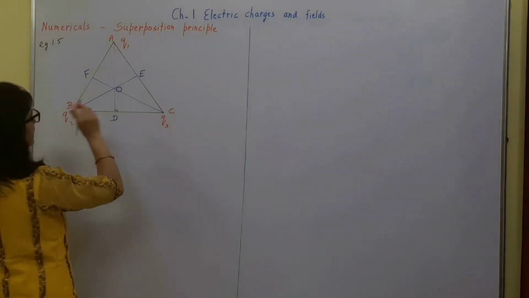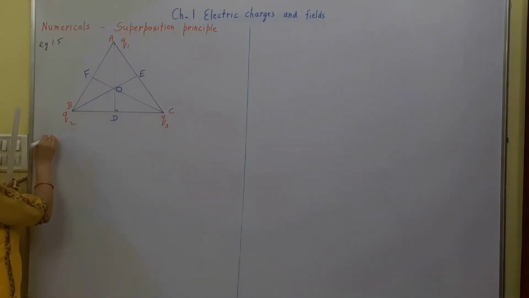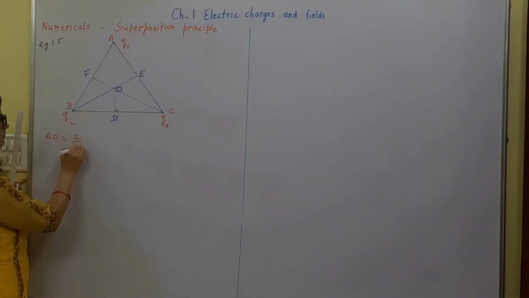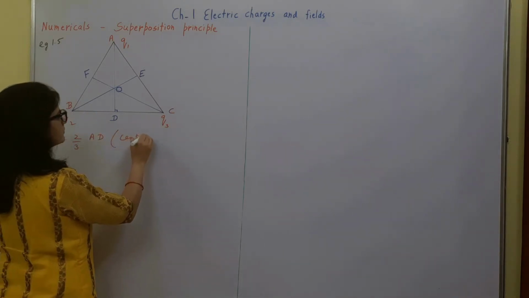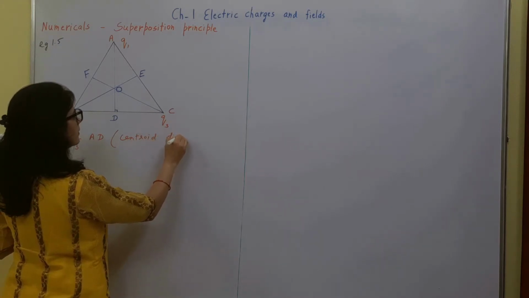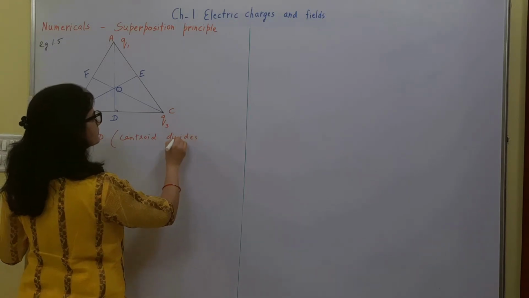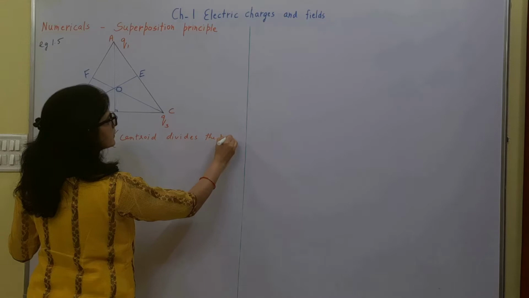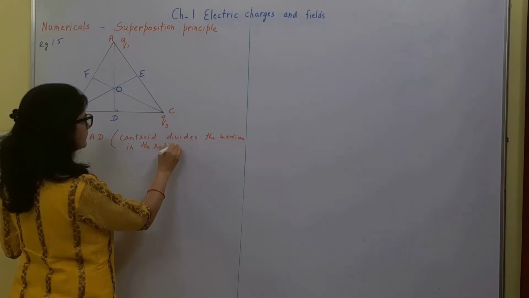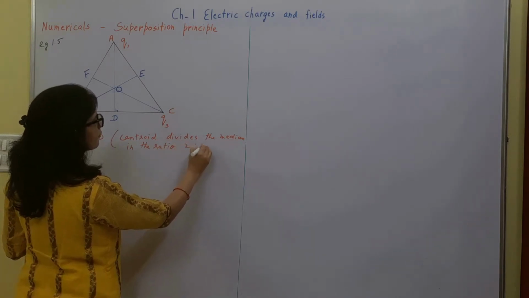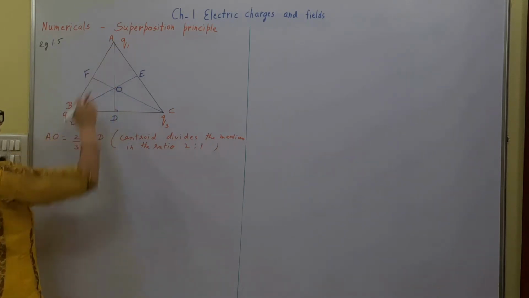And if this is centroid, then AO is equal to 2 by 3 times of AD, because centroid divides the median in the ratio 2:1. So if this is 2, this is 1, that means 2 part out of the complete AD.